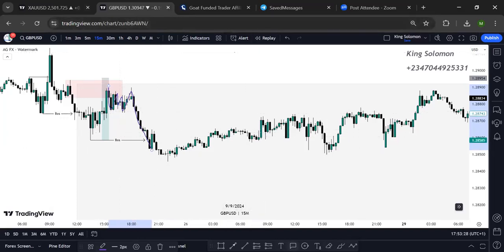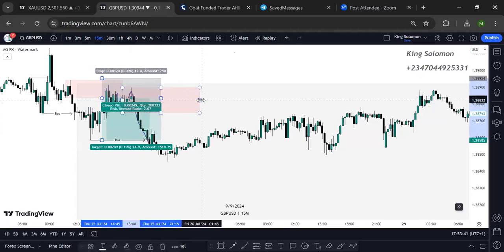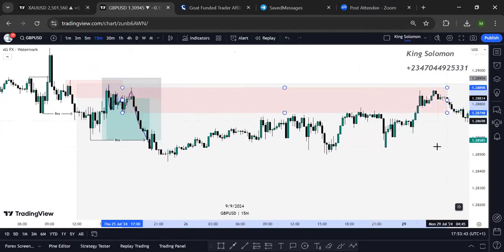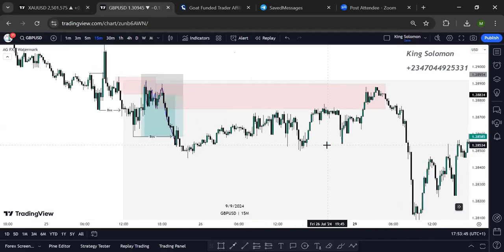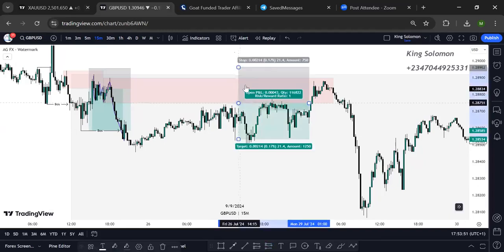So where is your bearish order flow? From this low to this high. From this low to this high is your bearish order flow. And then I think we can see price coming to tap into this, isn't it? So you would have taken something like this, right?